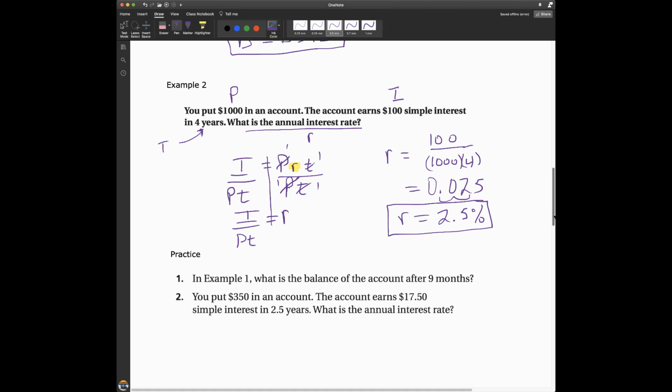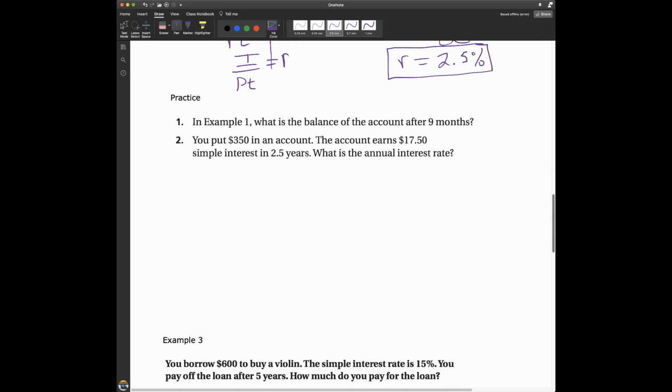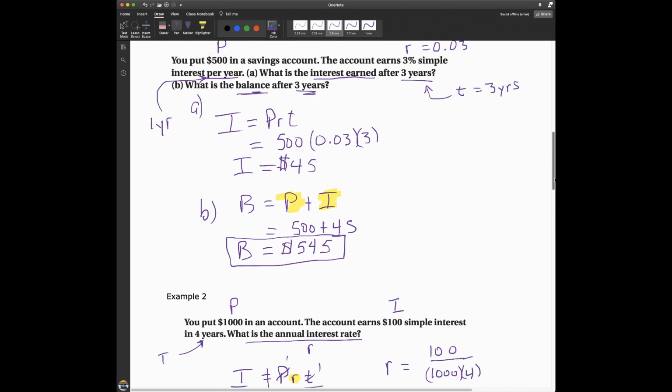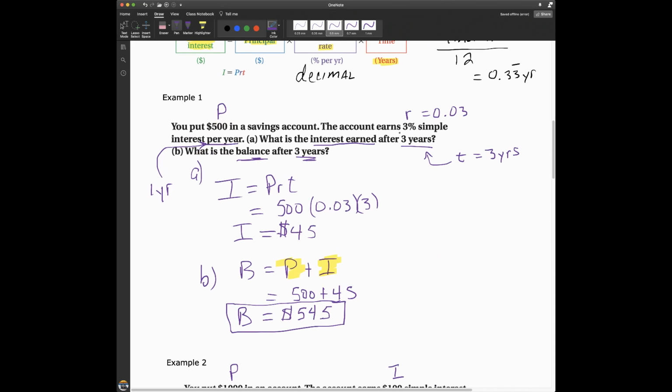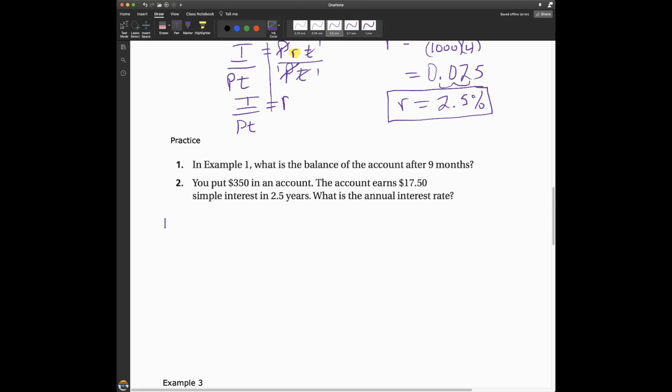All right. So let's look at these problems. In example 1, we want to know what is the balance of the account after 9 months. So example 1, what did we do? We looked at the interest earned after 3 years. We need to calculate the interest earned in 9 months.